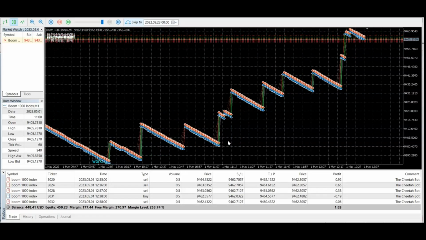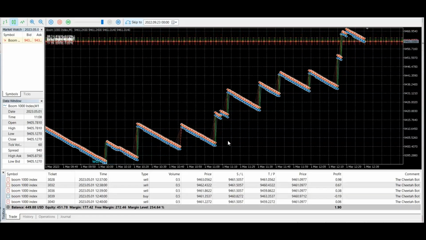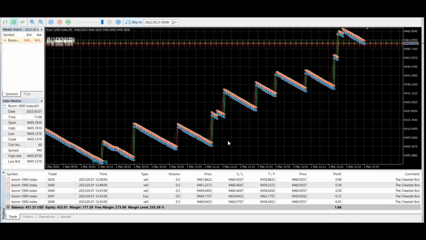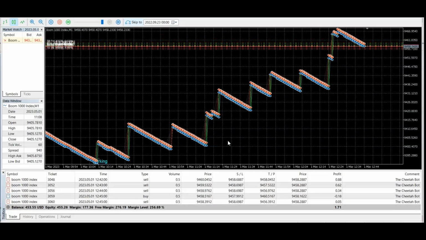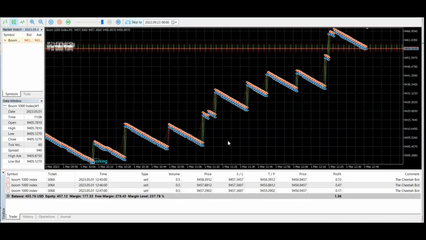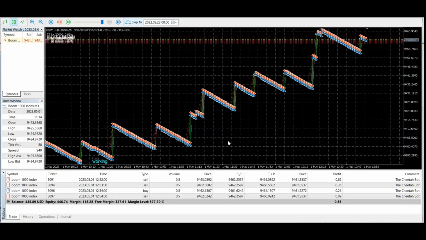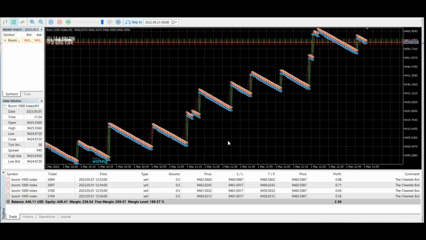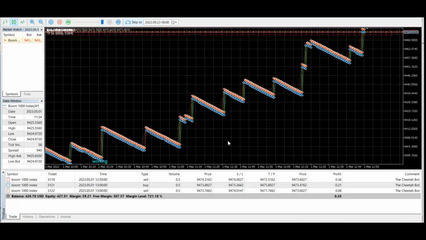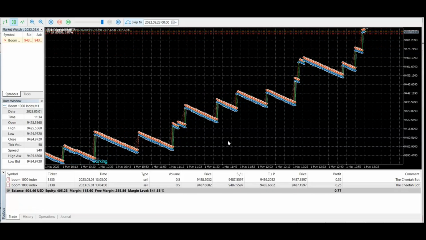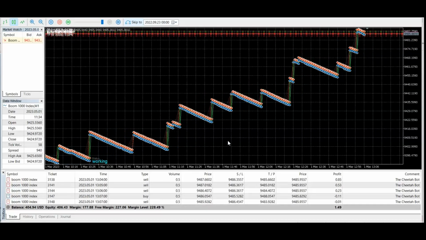Then each and every time, when it gets to a bearish candle again, it will count 5 times. 0.5, then lot 1, lot 2, lot 4, then it keeps on doing the same thing.